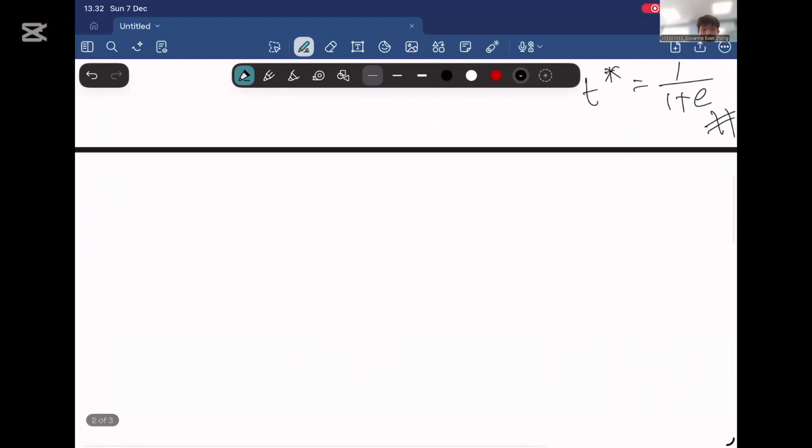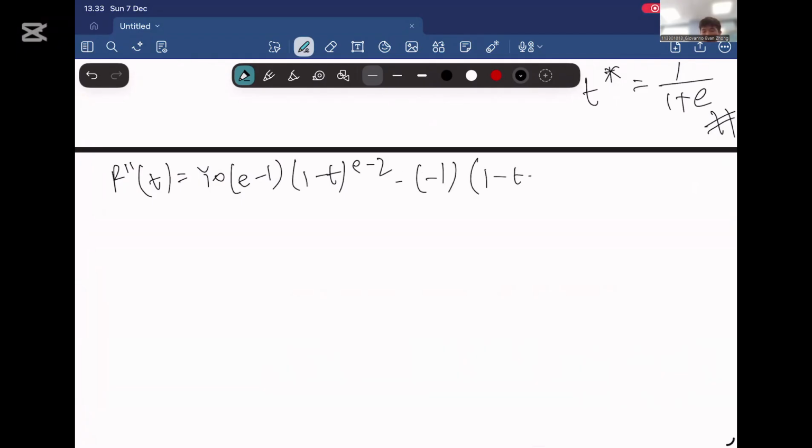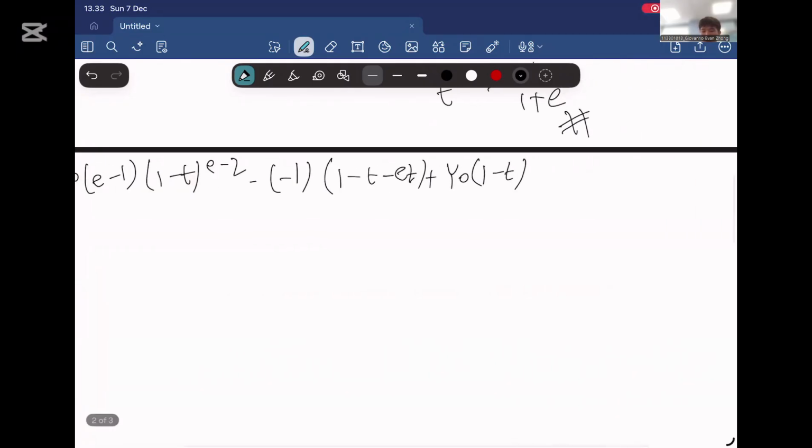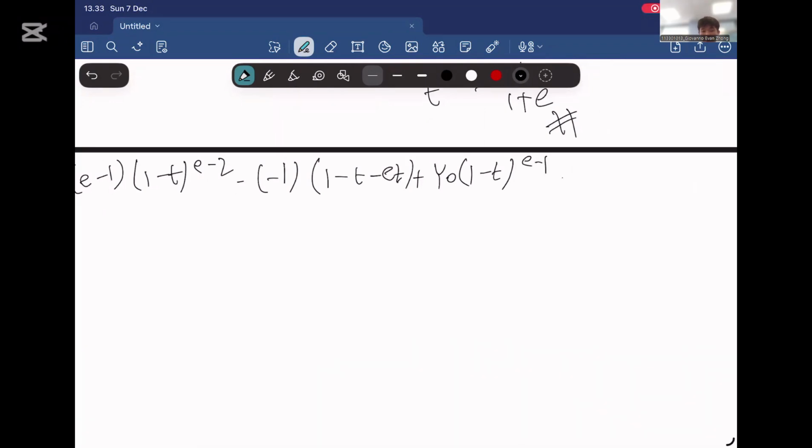Next, I'm going to find the second derivative of R(T). So R''(T) equals Y0 times (E - 1) times (1 - T) to the power of E minus 2 times minus 1 times (1 - T - ET) plus Y0 times (1 - T) to the power of E minus 1 times (-1 - E).